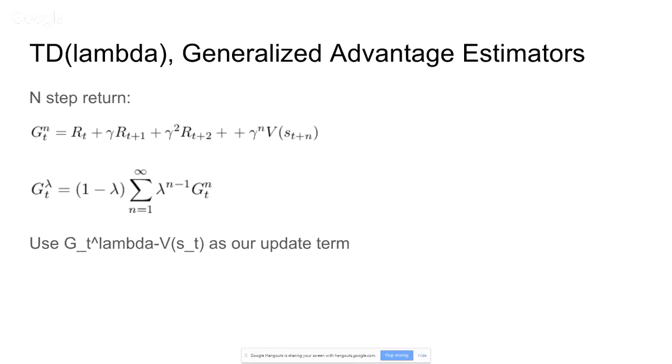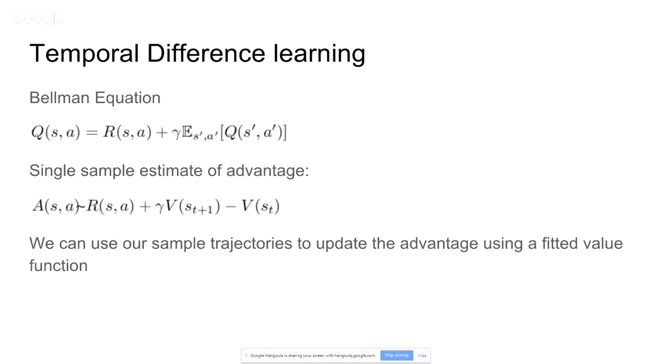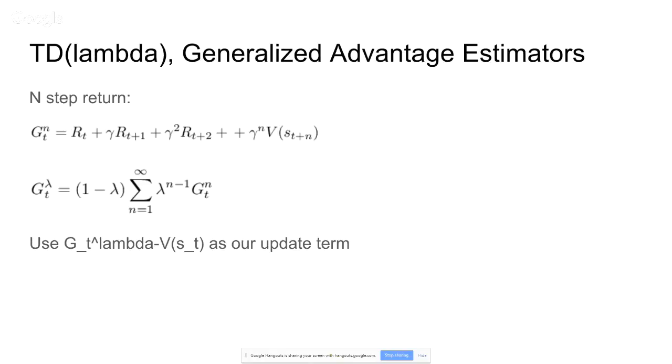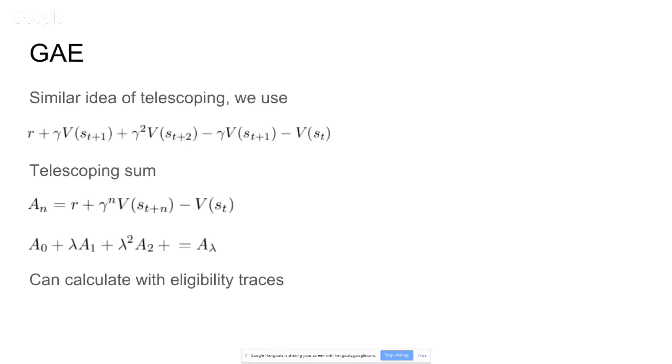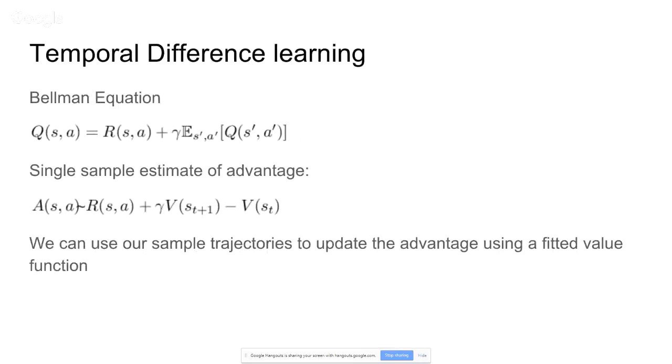The most important thing is to introduce this concept of temporal differences, R plus gamma V of the next state minus V. So we're going to use that instead of calculating our full Q function. When calculating our advantage function, we're going to replace the full returns minus our value function approximation.